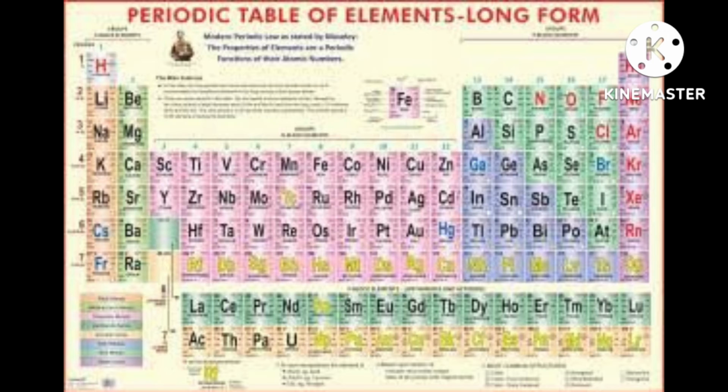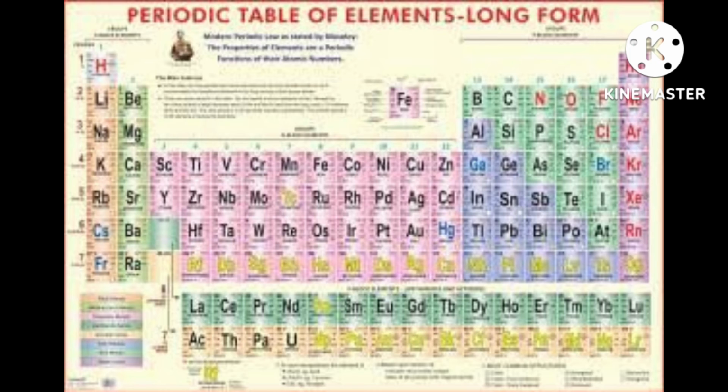A period is a horizontal row, and a group is also called a family, and it is vertical in the periodic table. Elements having similar outer electronic configuration in their atoms are arranged in vertical columns, and it is called a group or family.